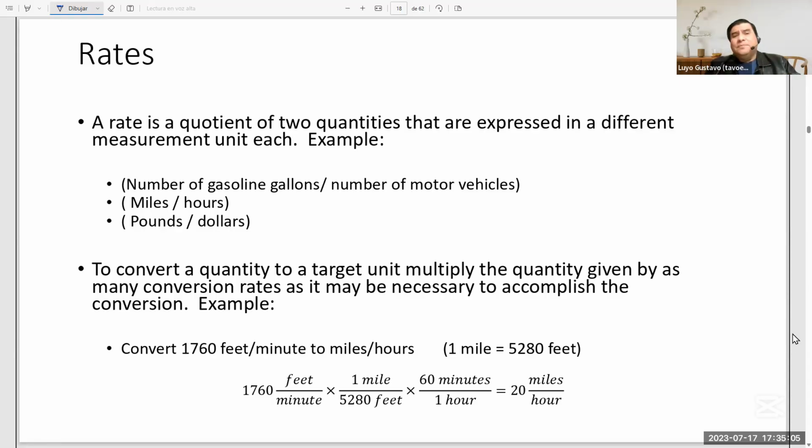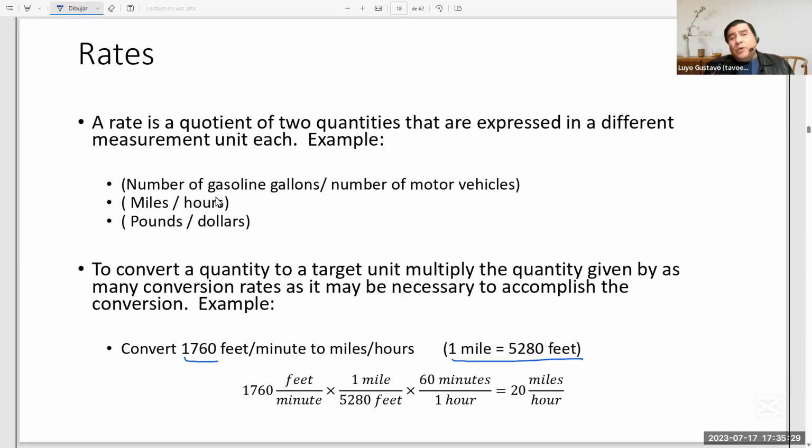For example, imagine that they ask you to convert 1,760 feet per minute to miles over hours. Considering that there is this equivalency between miles and feet, how can we find what they're asking?